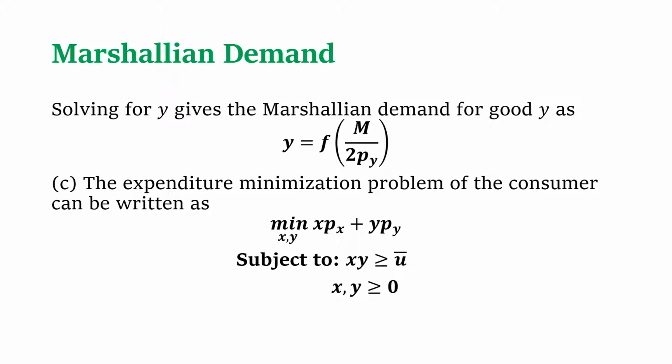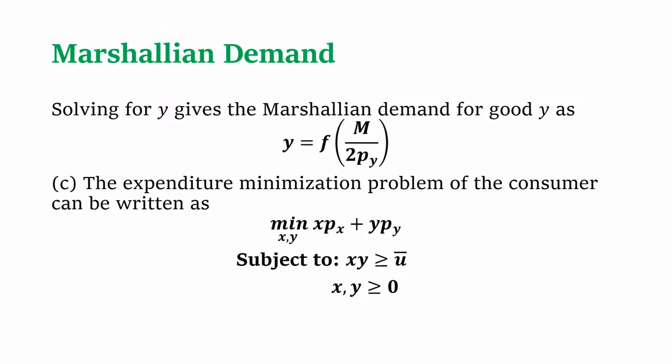Now let's do the next question, which says, write the expenditure minimization problem. That again is simple. What we're going to do here, we are going to minimize. This time we are not going to maximize. Minimize x px plus y py, subject to what? The utility constraint xy greater than or equal to u bar.